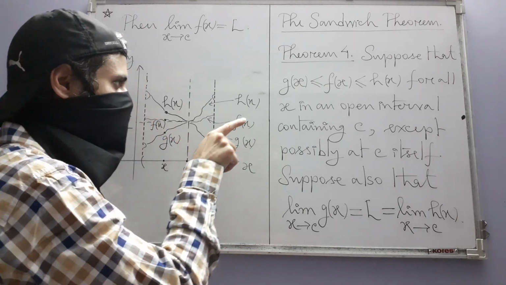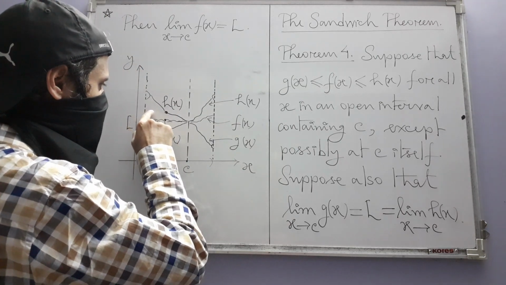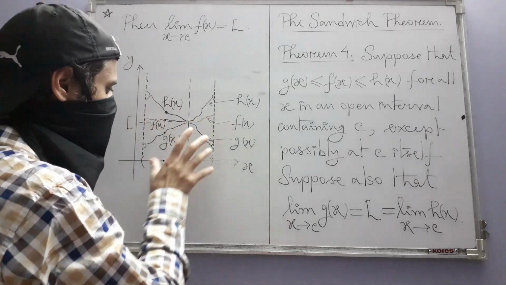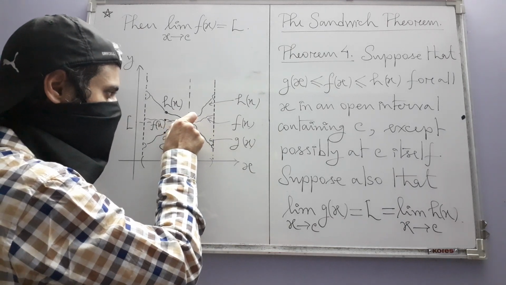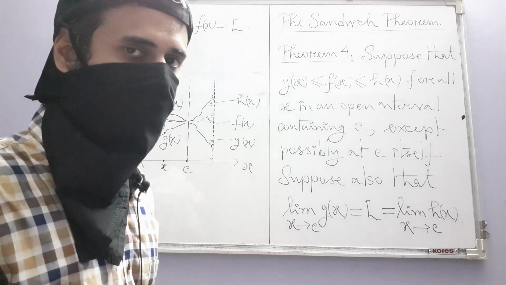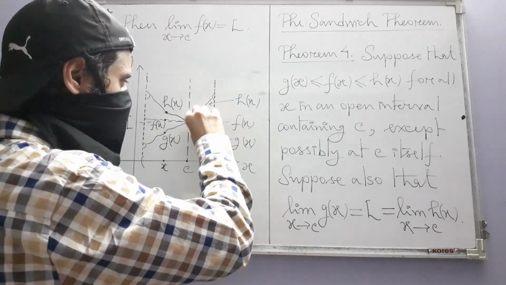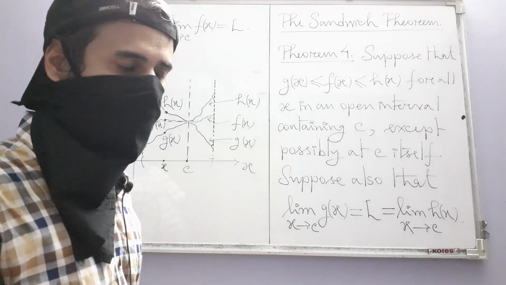So because the function f is sandwiched between these two things, no matter how it behaves in the other part of the domain, the moment it also comes near C, it is bound to come near L. It has no other choice because these two things will push it towards L. Okay.